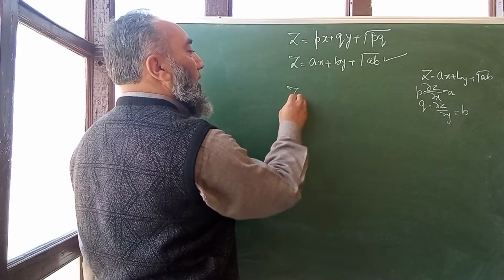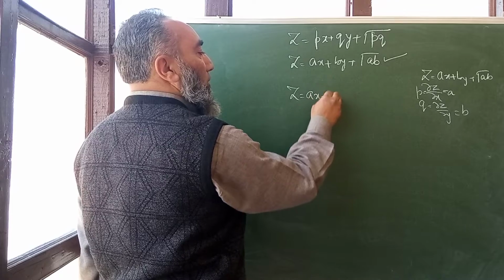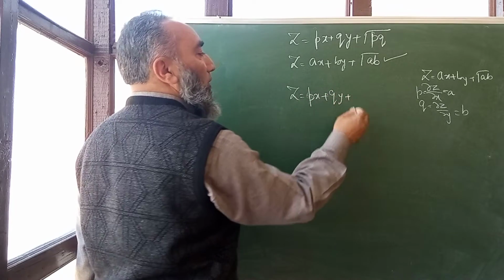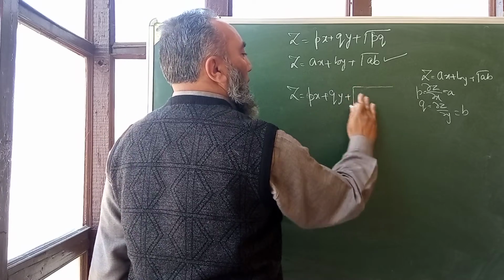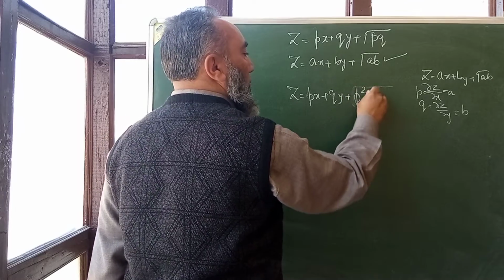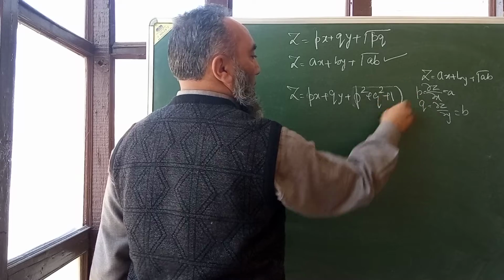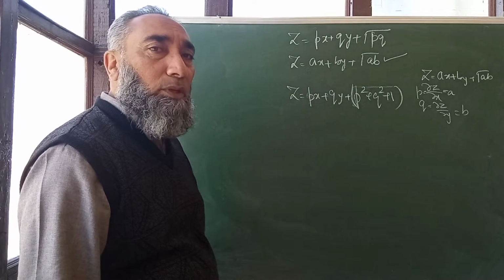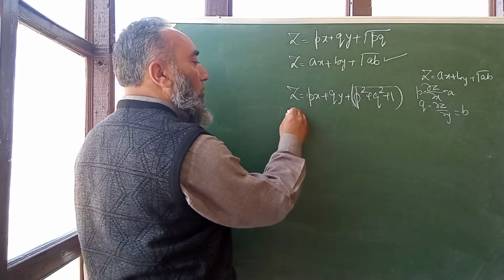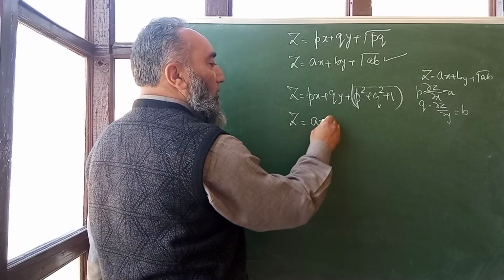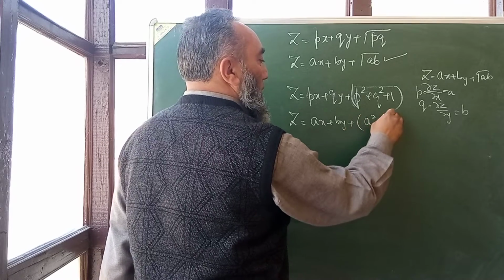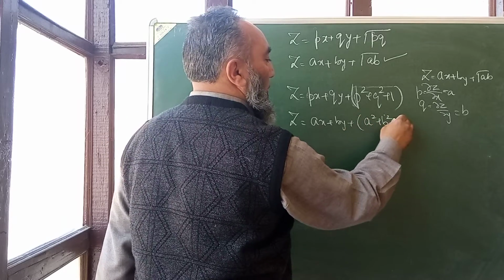Another question says z = px + qy + under root of p square + q square + 1. You see, this is again Clairaut's form, z = px + qy + function of (p, q). So what is the solution? The solution is z = ax + by + under root of a square + b square + 1.